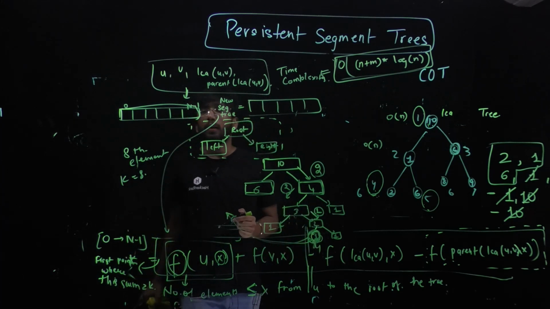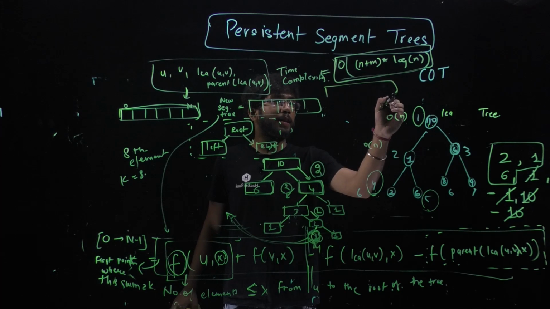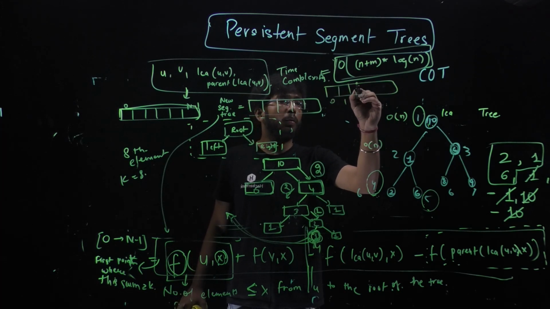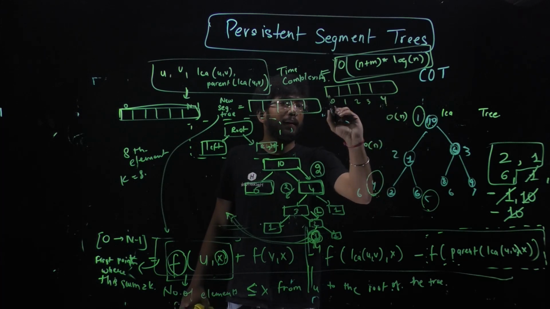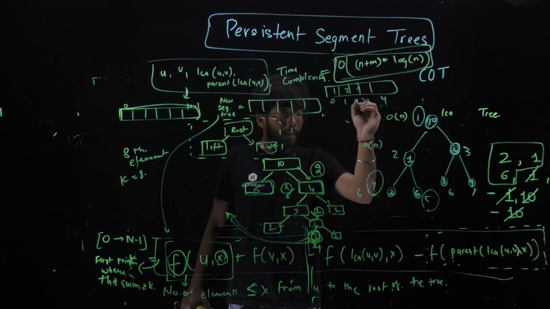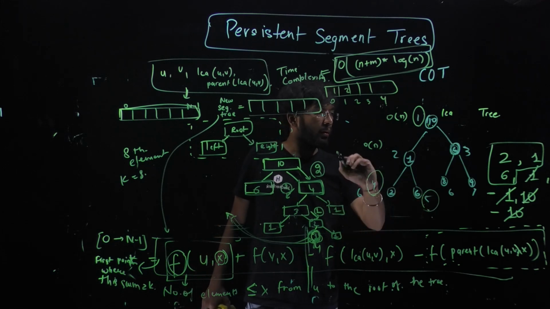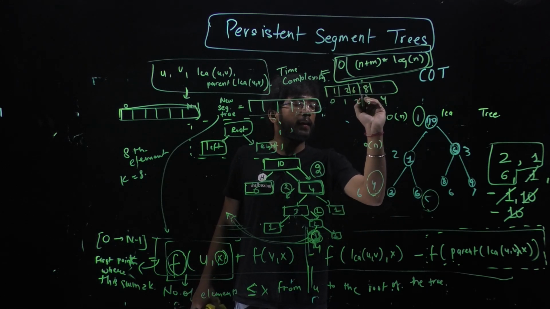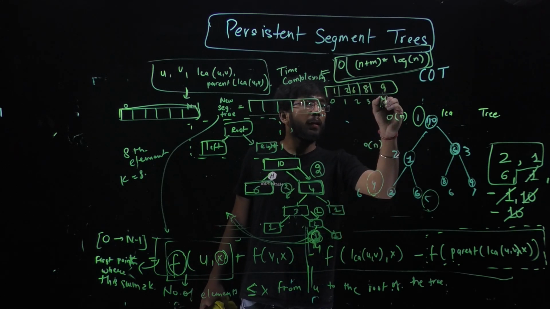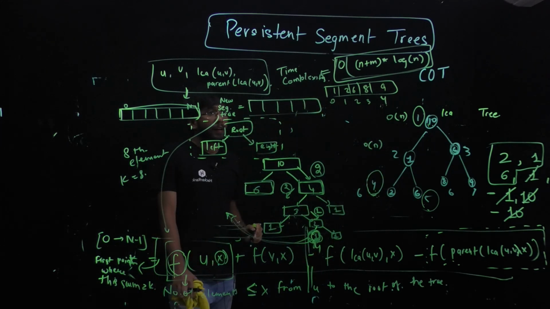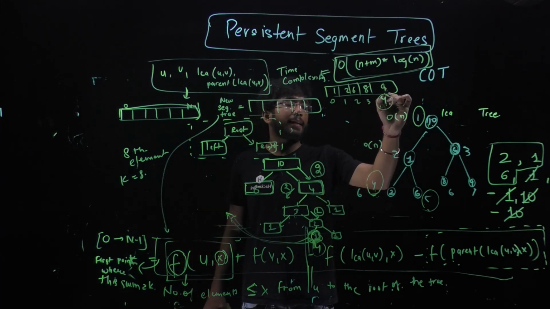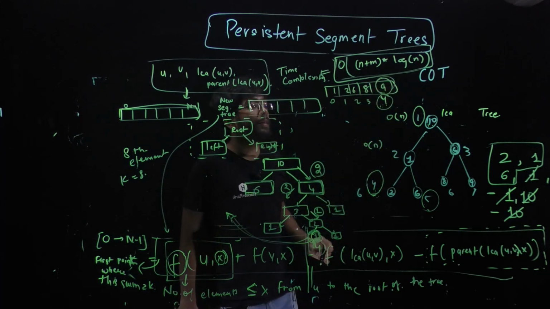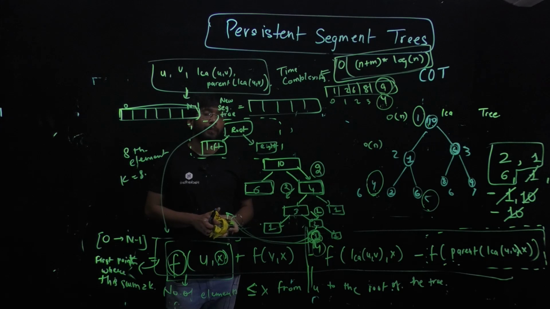So in the coordinate compression which we did, I just need to store the reverse maps as well. So if this is 4, then actually 9 is the number I was searching for.